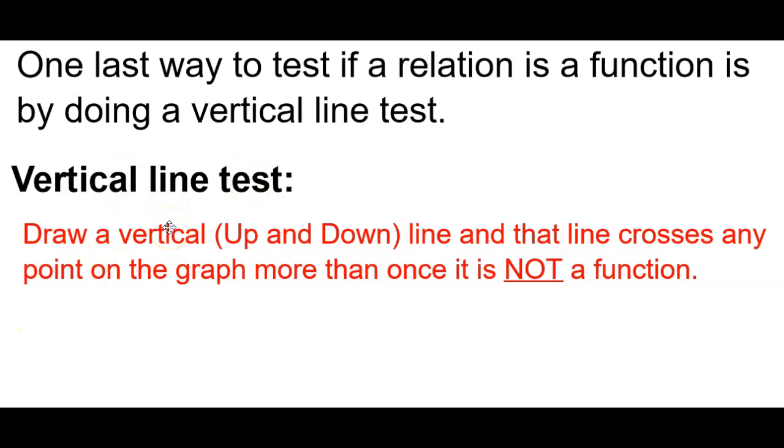There's one last way to test if a relation is a function by doing the vertical line test. So a vertical line test is drawing a vertical line, that's an up and down line, and checking whether it crosses any point on the graph more than once. If that happens, the line that's graphed is not a function.